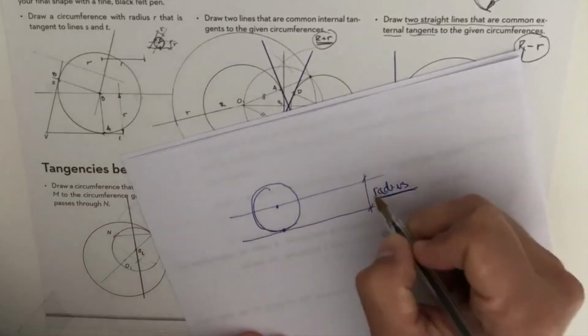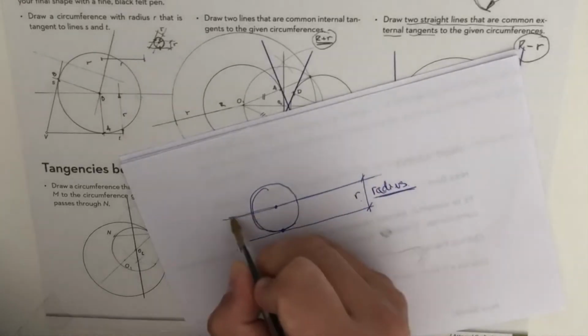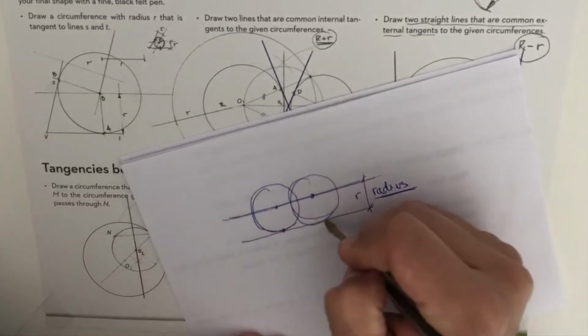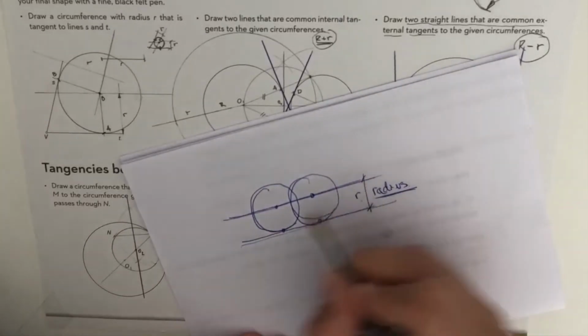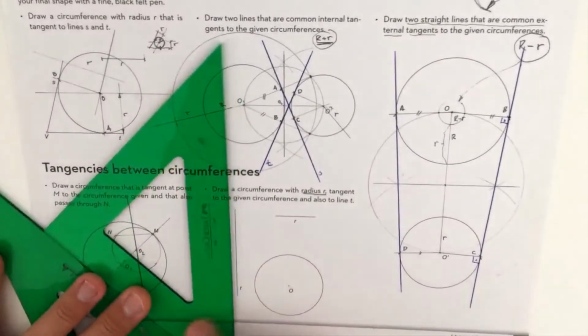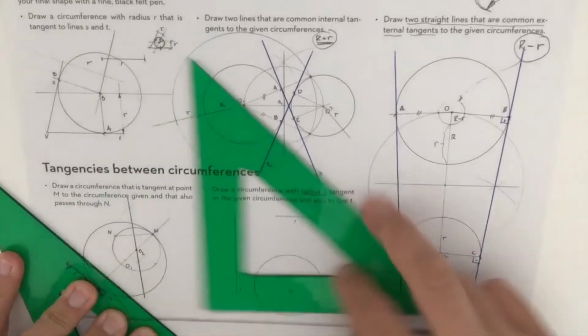Okay, so if we put the radius r here in a parallel, we have the first place of all the centers of all the circumferences that are tangent to this line with the radius r. So the first thing that we're going to do is a parallel to T at a distance r.